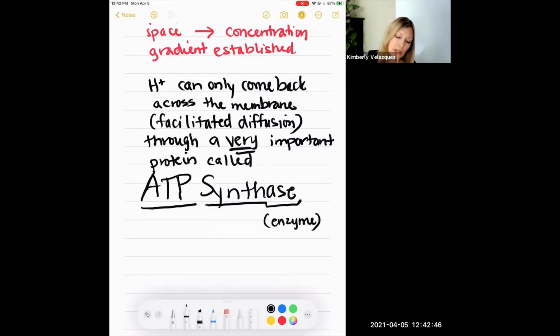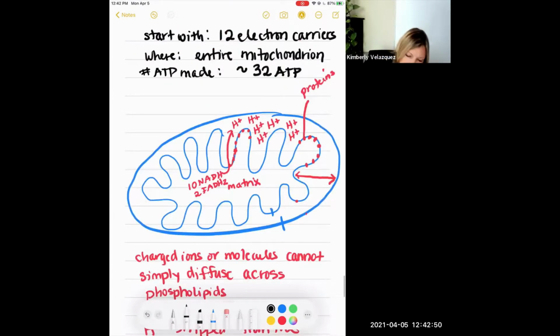And I'm going to show you a picture of that happening. But first I want to go back to my picture here. Here's ATP synthase. They're going to be scattered throughout this membrane, and that's the only way that hydrogens can come back across. The hydrogens can only come back across through that enzyme.